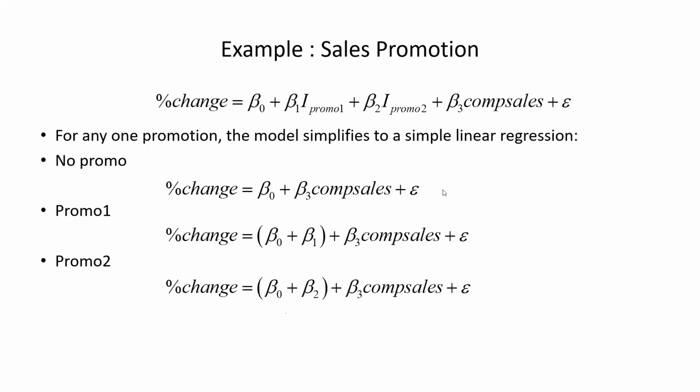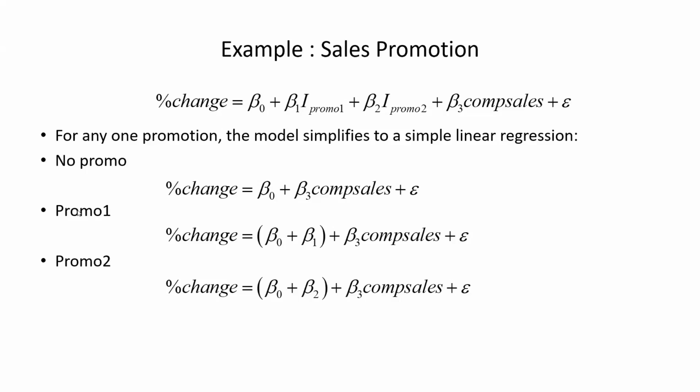So this is the first line. If one of the indicators is turned on, then you get beta 0 plus whatever indicator is turned on, either beta 1 or beta 2. The indicator itself is 1, so it's beta 1 times 1, so just beta 1, and then, of course, still the comp sales.